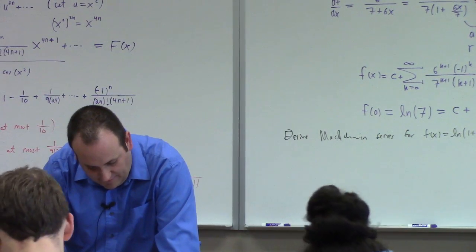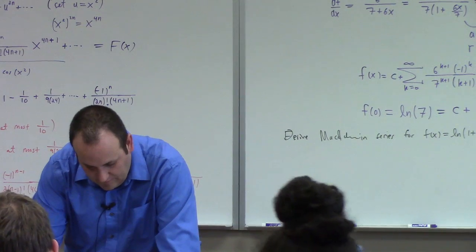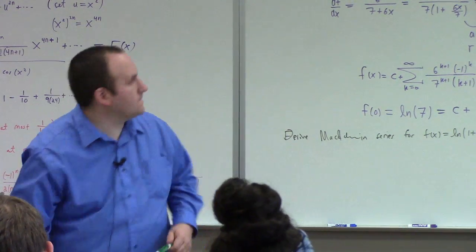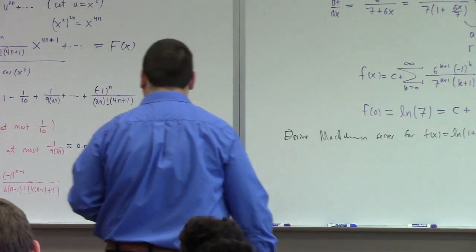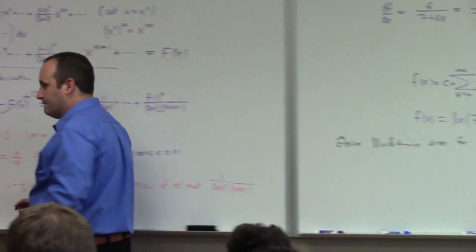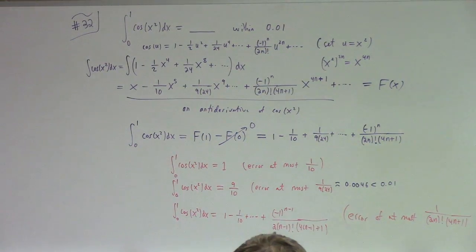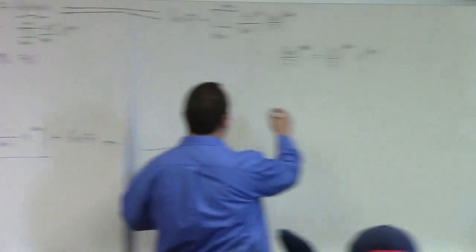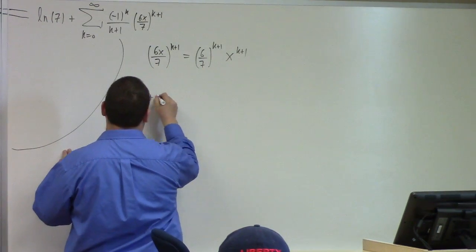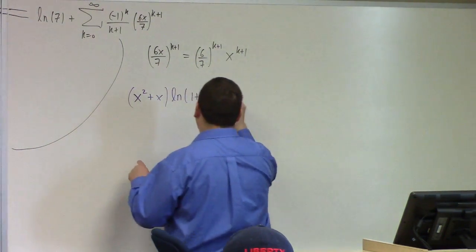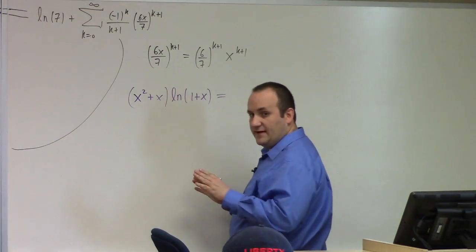Expand f of x in powers of x. You've got x squared plus x times natural log of 1 plus x. So what I would do here is I would divide and conquer.